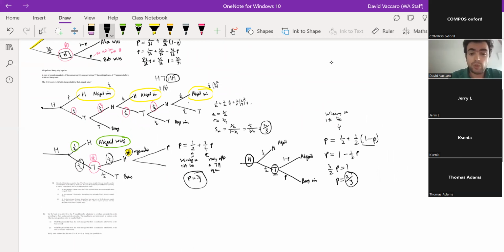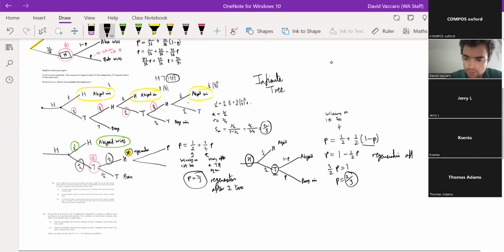We get the same answer in all different ways. So here we've done an infinite tree. Here we've done a regeneration after 2 tosses. Here we've done a regeneration after 1 toss and a switch in sides. Okay, and it's very much a matter of taste which one you prefer.